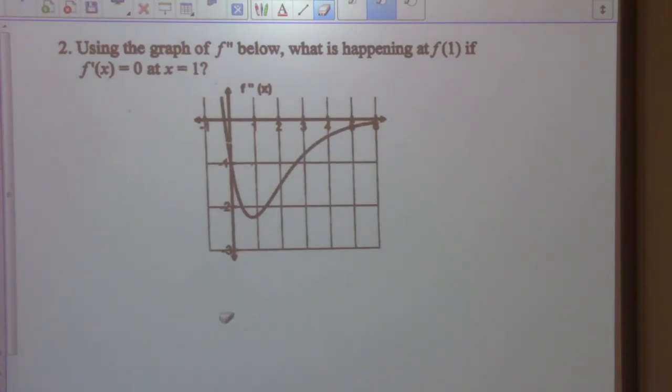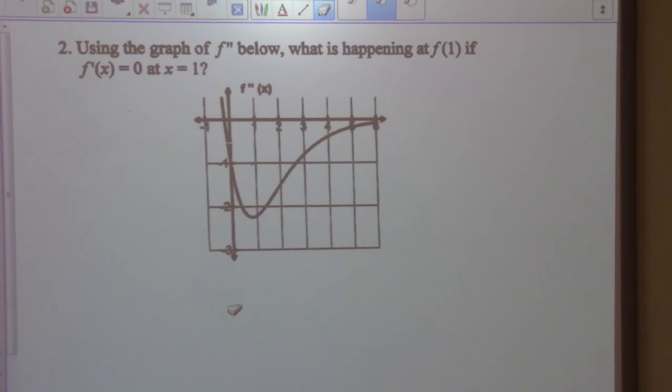Okay, here's a graph of f double prime below. What is happening at f of 1 if f prime of x equals 0 at x equals 1? It's going to be a relative maximum since it's below.